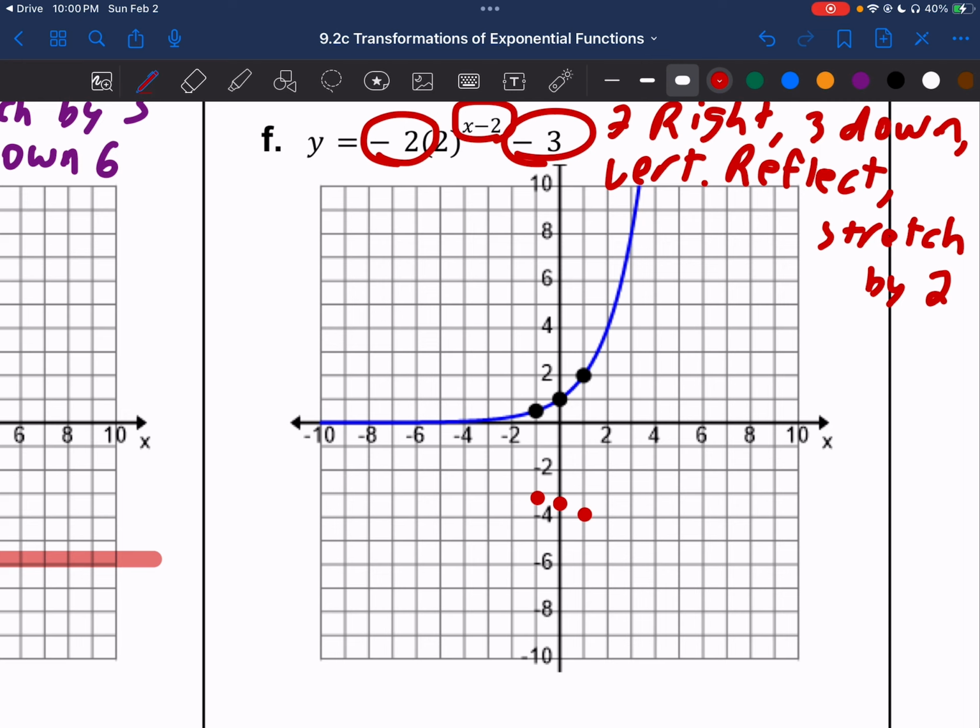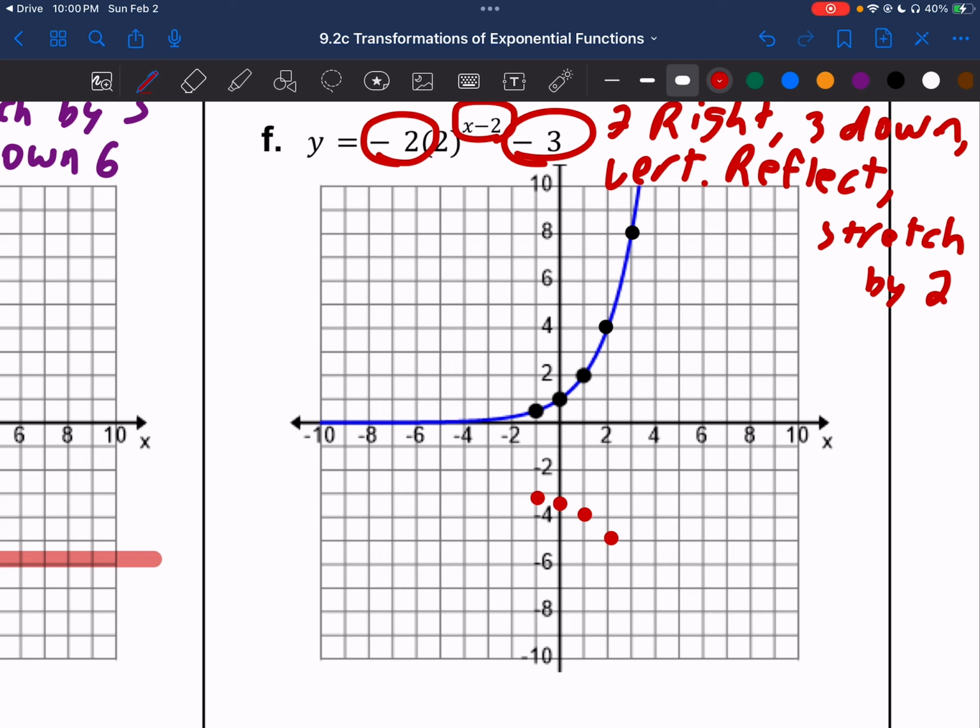If we look at 2 to the second power, 2 minus 2 is 0. Anything to the 0 power is 1, times -2 is -2, minus 3 is -5.